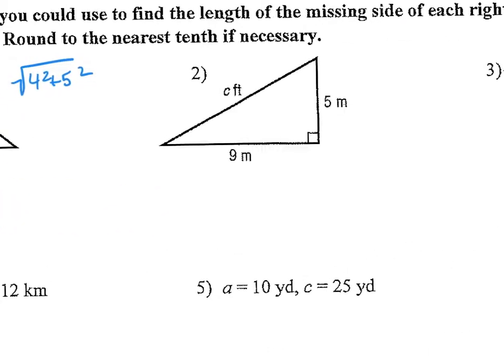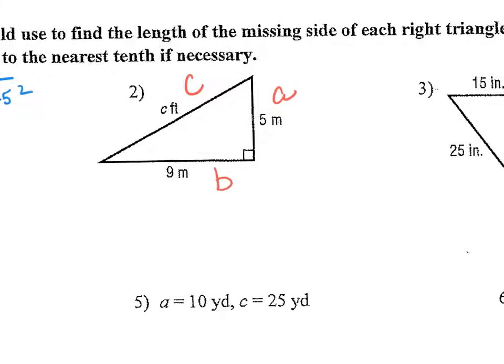Then number 2, we've got A, B is the bottom, and C is your hypotenuse. So same thing, same formula. A squared plus B squared equals C squared. So my A is 5 squared plus 9 squared equals C squared.